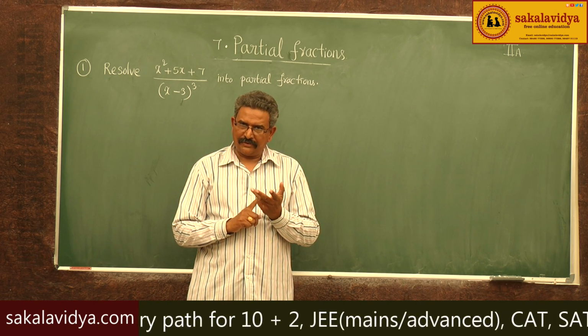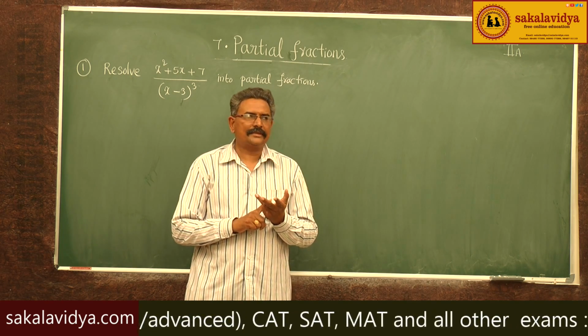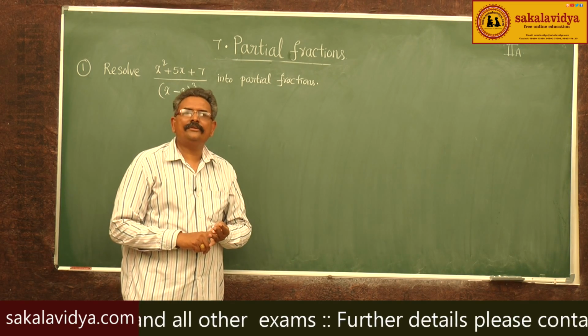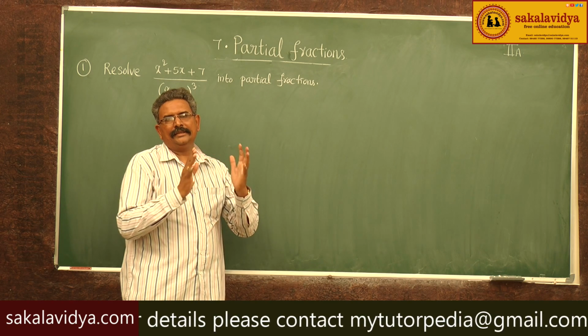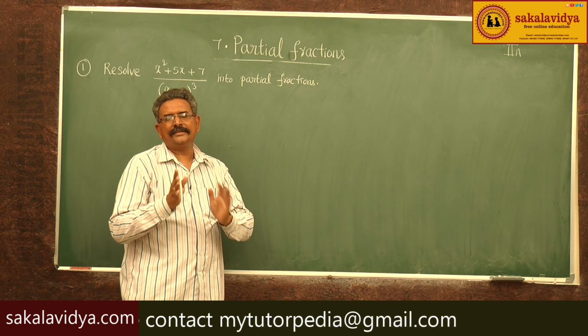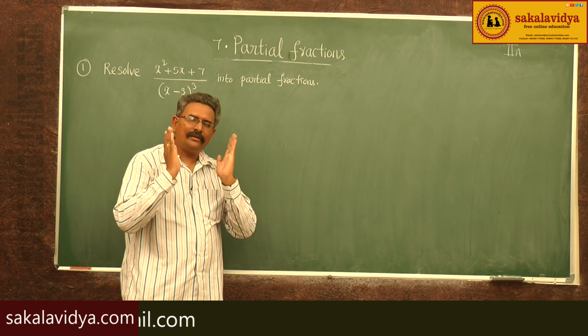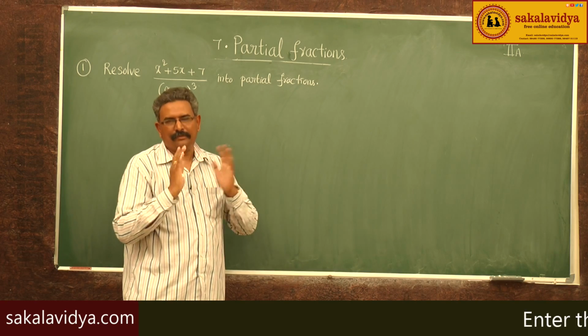So a by x minus 3 plus b by (x minus 3) whole square plus c by (x minus 3) whole cube, and these constants a, b and c are to be determined. Then we get the partial fractions of this given problem.